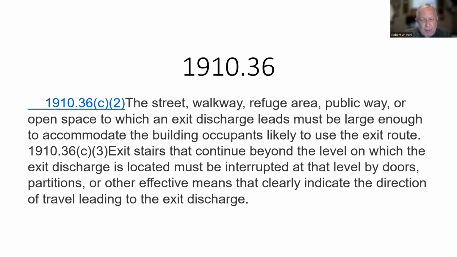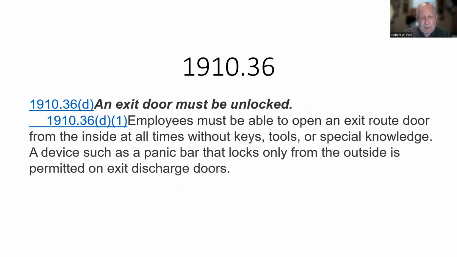It must be interrupted at that level by doors, partitions, or other effective means that clearly indicate the direction of travel. So you have to make sure that the direction of travel is clear, because you don't want somebody going the wrong way. Exit doors must be unlocked.